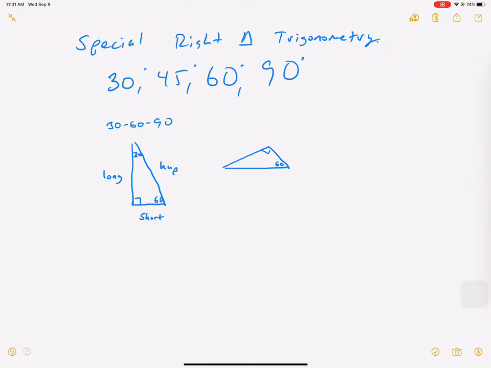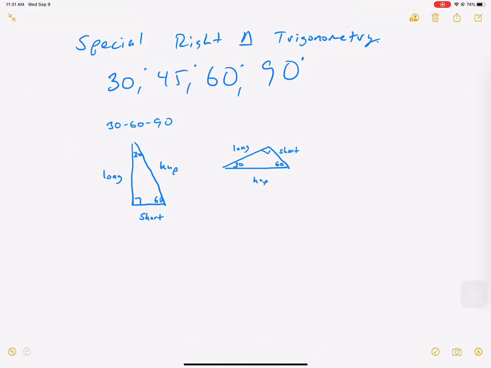So it's always going to be obvious that one's a fatter angle and one's a skinnier angle. The fatter angle would be next to the short side, the 60, and the skinnier angle would be here. So this is our short side, our long side, and this is our hypotenuse. Be careful how we spin this around.